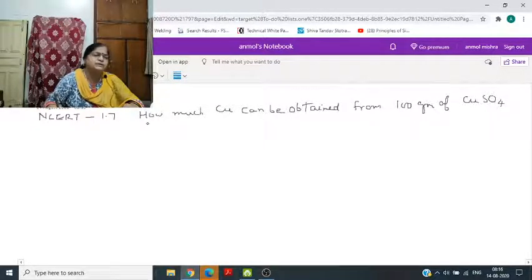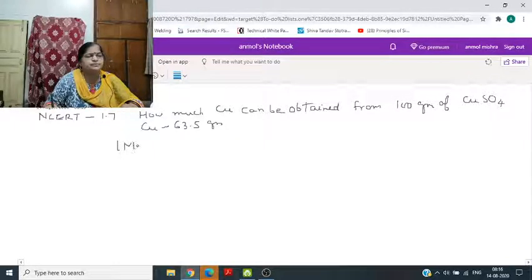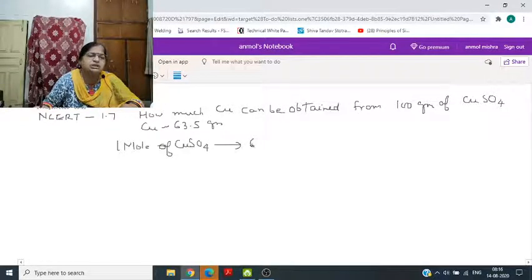Copper is 63.5 grams. Now, first we will find out the molar mass of 1 mole of copper sulfate. So that is copper 63.5, sulfur 32, oxygen 16 into 4.